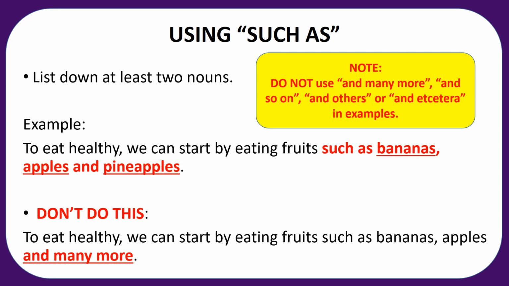So why do many students use this? I'm sure, if I'm not mistaken, I think it's because this is taught in Bahasa Melayu. Because in karangan Bahasa Melayu, you are taught to write seperti A, B, dan sebagainya. For English, when you use that, it seems as if you don't have many ideas.